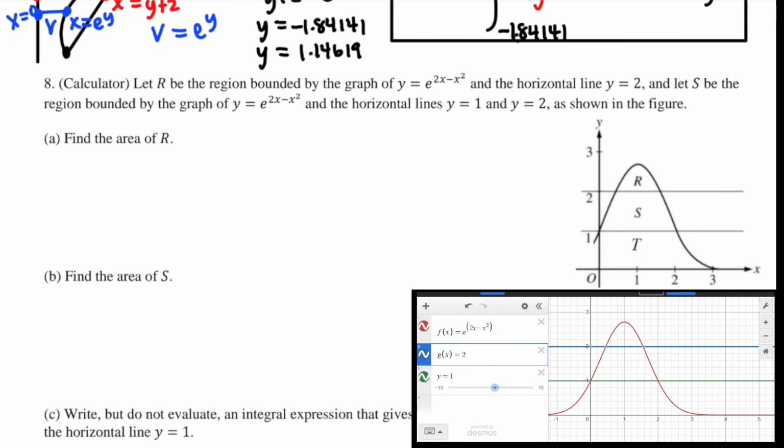So we'll need to be careful when we go to do that. But for now, I'm finding the area of R is just going to be top minus bottom. I'm going to say e to the 2x minus x squared is equal to 2 at x equals 0.44606 and 1.55394.